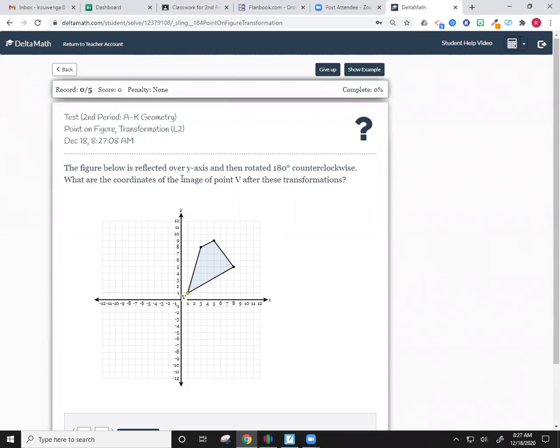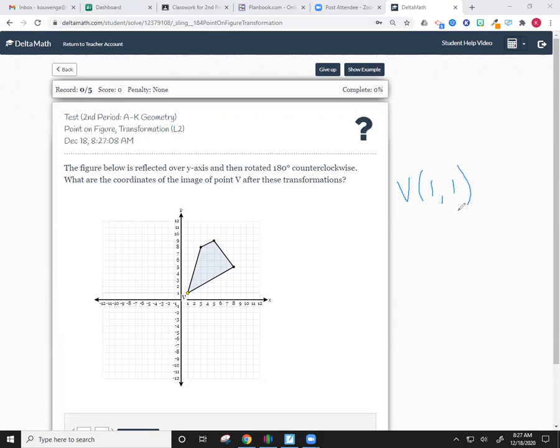It says the figure below is reflected over the y-axis and then rotated 180 degrees counterclockwise. They want to know where point V is going to be. Right now, point V is at 1, 1.